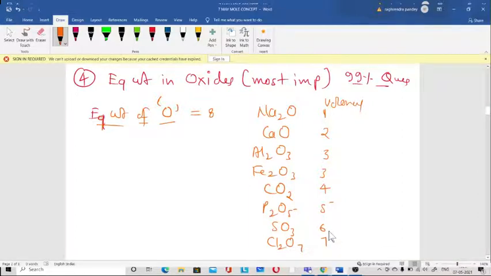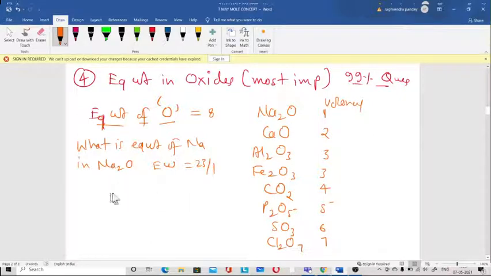Now, suppose someone asks you to find the equivalent weight of sodium in sodium oxide. Here the valency of sodium is 1, we know that. So the equivalent weight is 23 by 1. No problem in that.